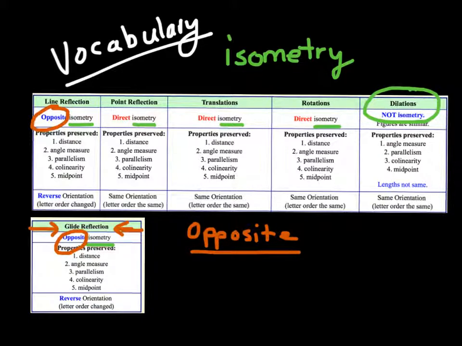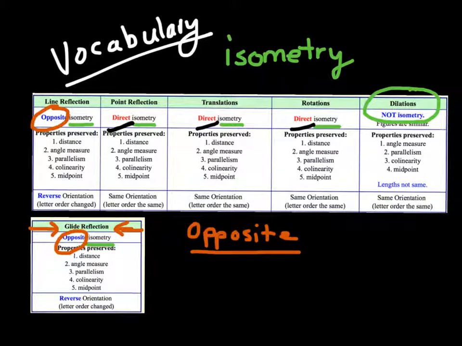Anytime there's a reflection involved, the object will change its direction. If you take a look at the opposite of an opposite, it is a direct transformation. So a transformation is either direct or it's opposite.